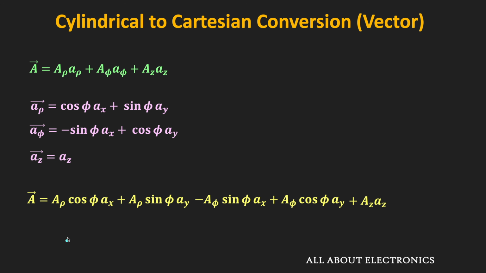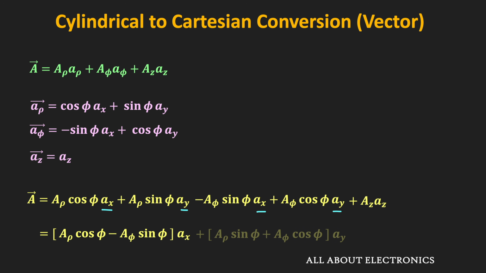So now from this expression, let us combine the terms which contain the unit vector ax. So if we combine that, then we will get this a rho times cos phi minus a phi times sin phi. Similarly, let us combine the terms related to ay.